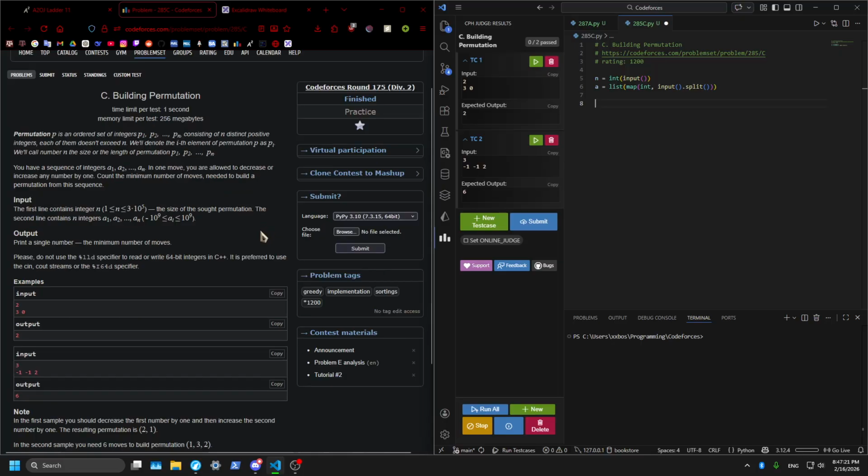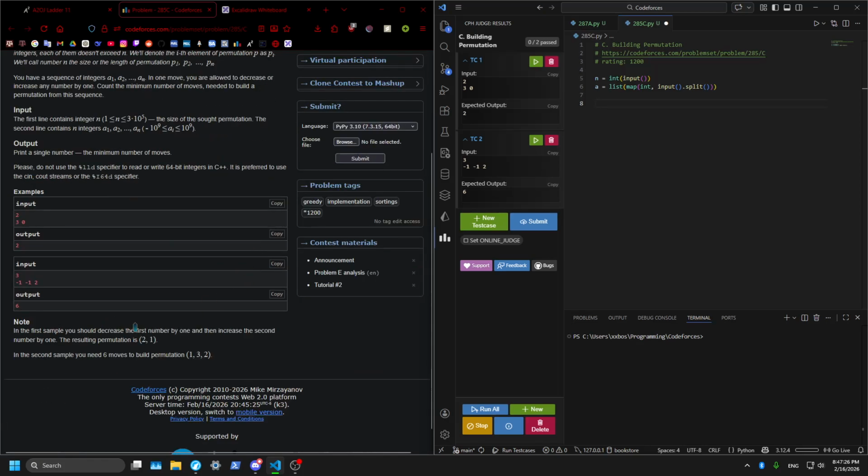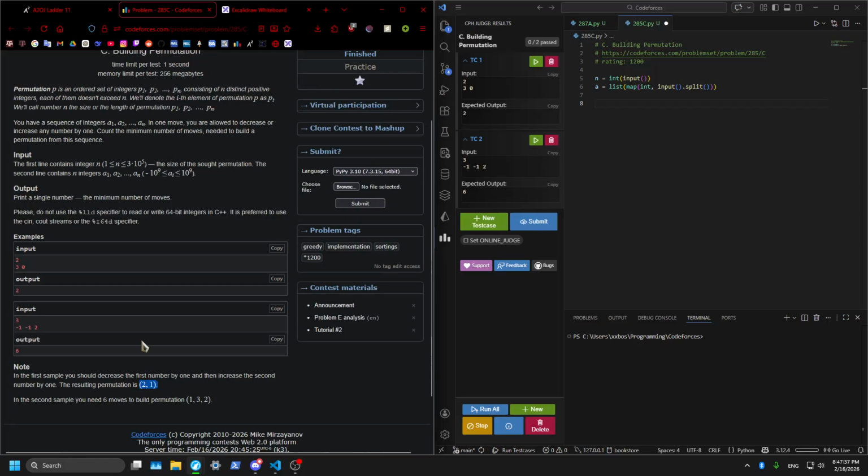So in the first sample, you should decrease the first number by 1, increase the second number by 1. The second sample, you need 6 moves to build 1, 2, 3.